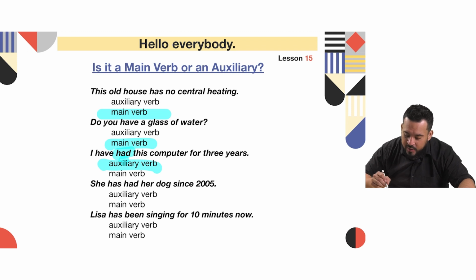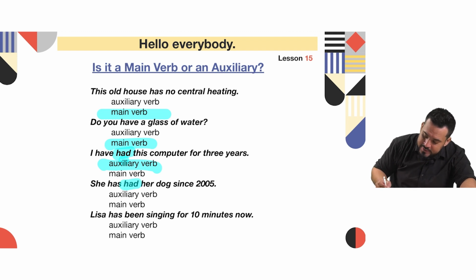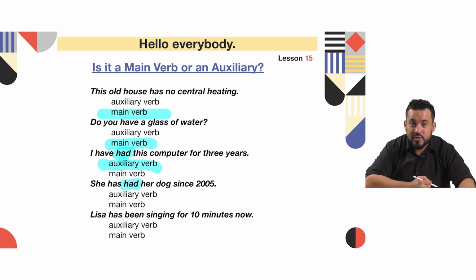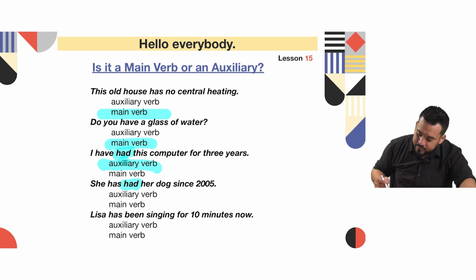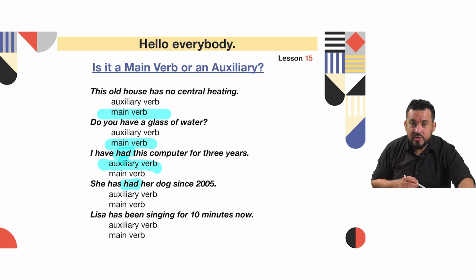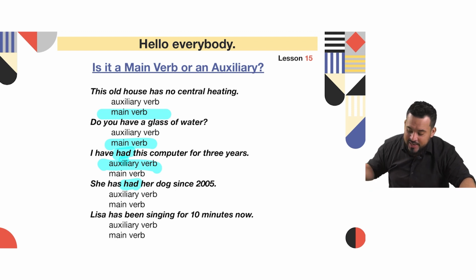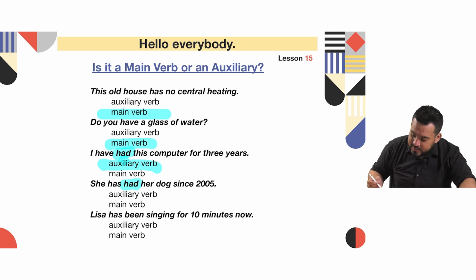She has had her dog since 2005. Again, this is an auxiliary because the main verb is had. Lisa has been singing for 10 minutes now.